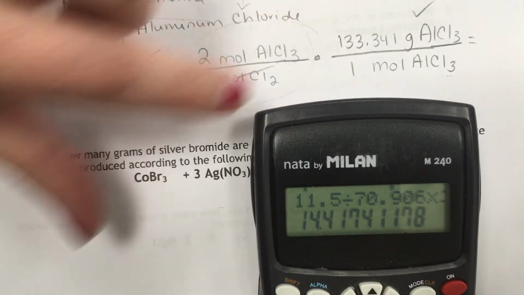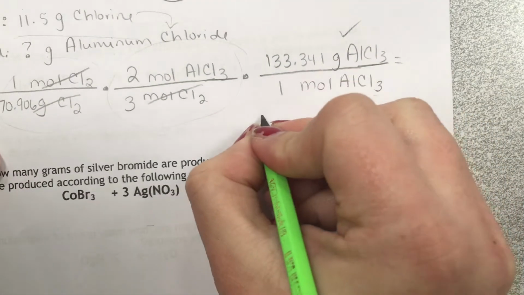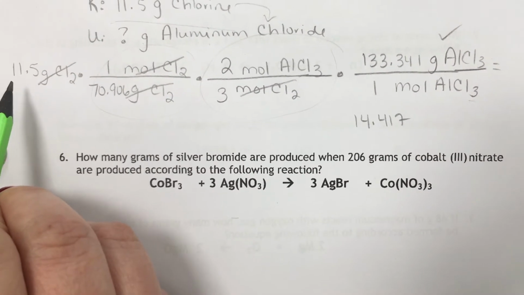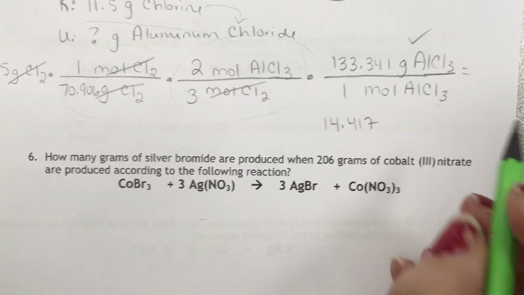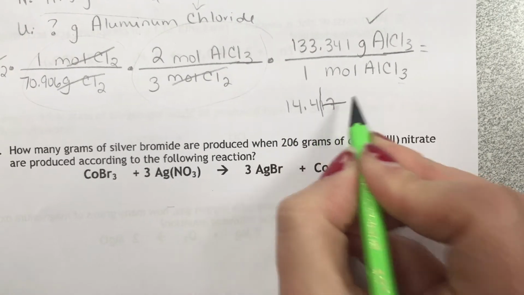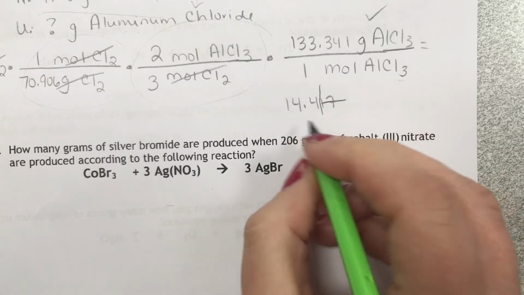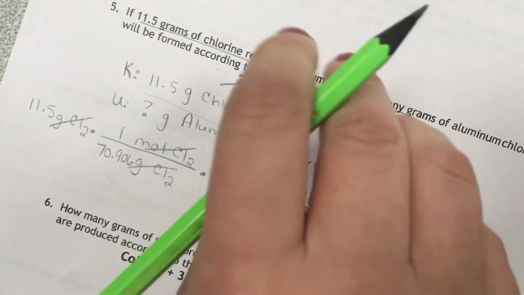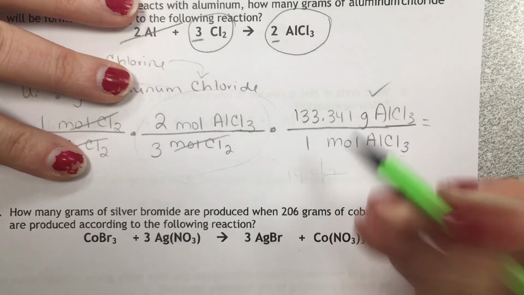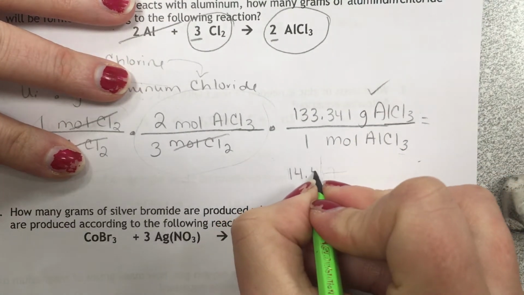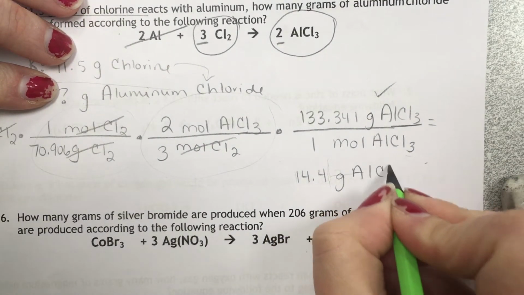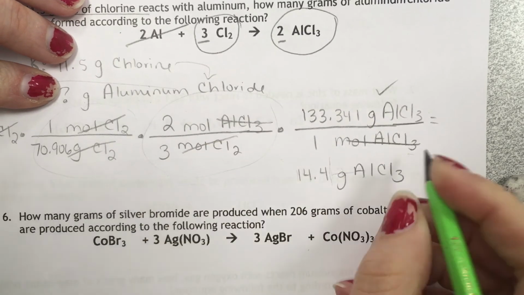So the answer is 14.417. Let's look at our significant figures. There's 1, 2, 3 significant figures here, so it needs to be cut off here, and the 1 won't round it up. So the answer is 14.4 grams of aluminum chloride, because the moles canceled.